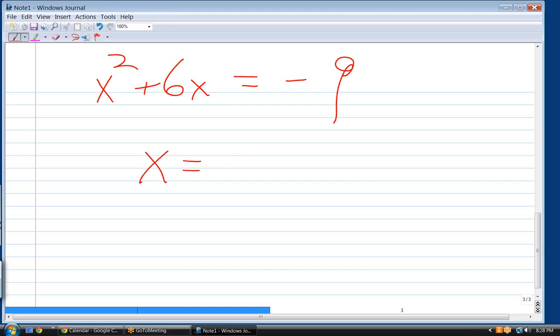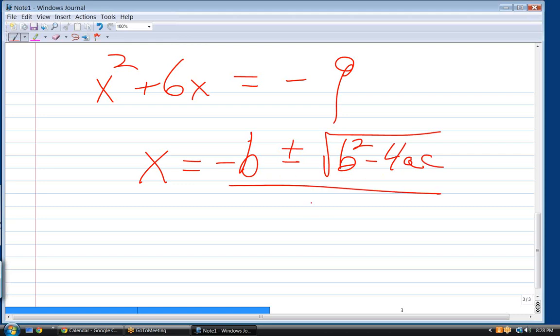Quadratic formula. They actually give this thing inside the radical its own name, and it's called the discriminant. The reason they give it its own name is because you can use it to figure out what kind of solutions you're going to have.